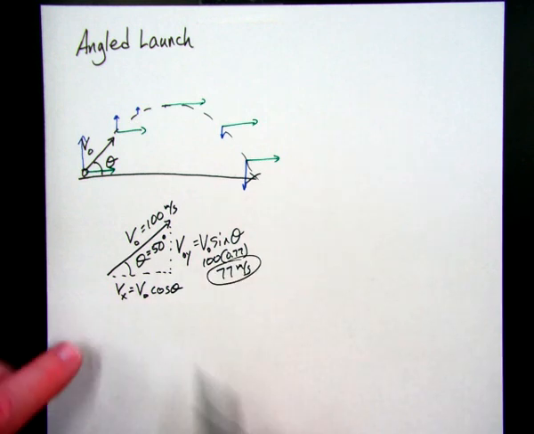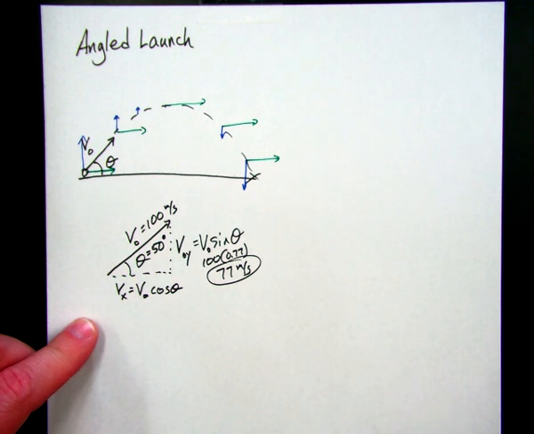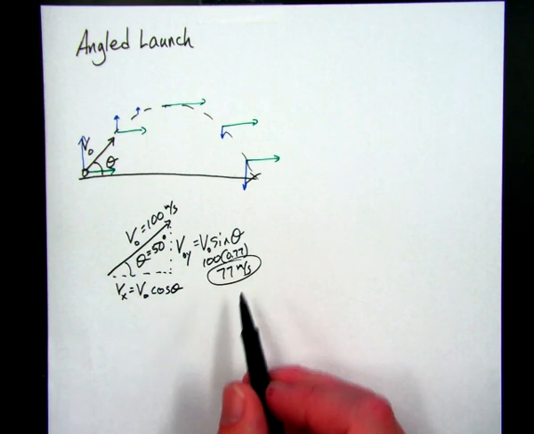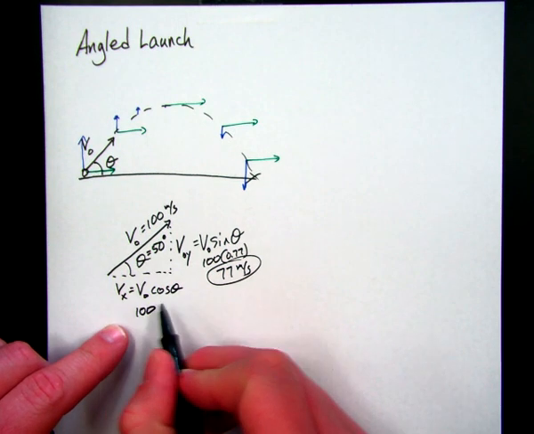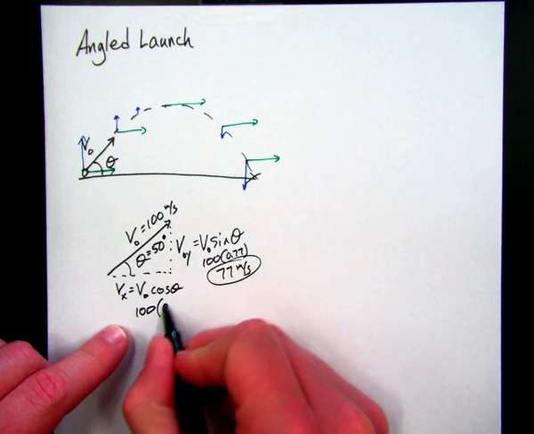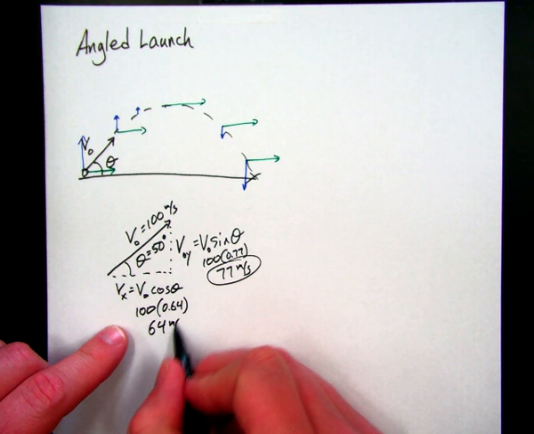And the horizontal component, 100 times the sine, oops, I made a mistake here. No, I didn't. This is 100 times the cosine of 50. The cosine of 50 is 0.64. So I'm going to get 64 meters per second.